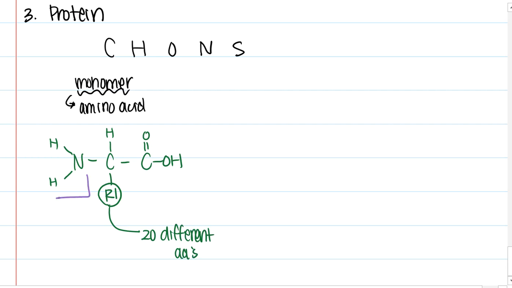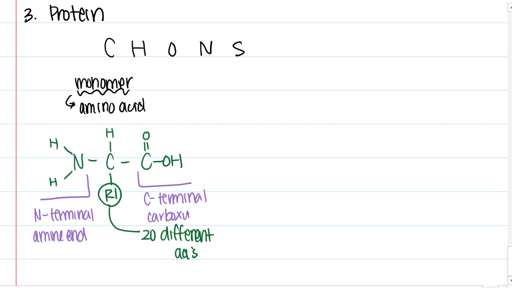And remember, the N side, we call this the N-terminal, right? Or the amine end, okay? And then here, the C side, we call the C-terminal, or the carboxyl end. And it is on the carboxyl end that we are going to keep attaching new amino acids, okay?